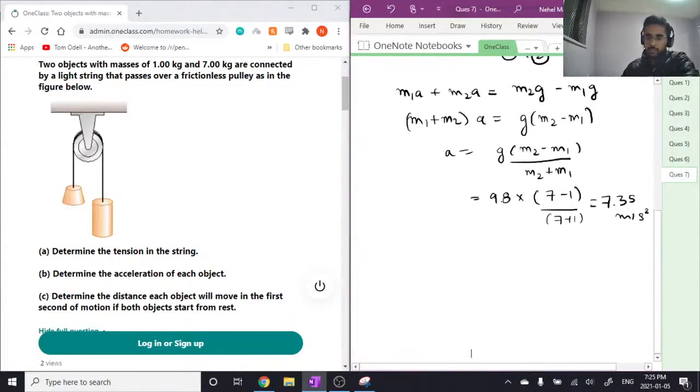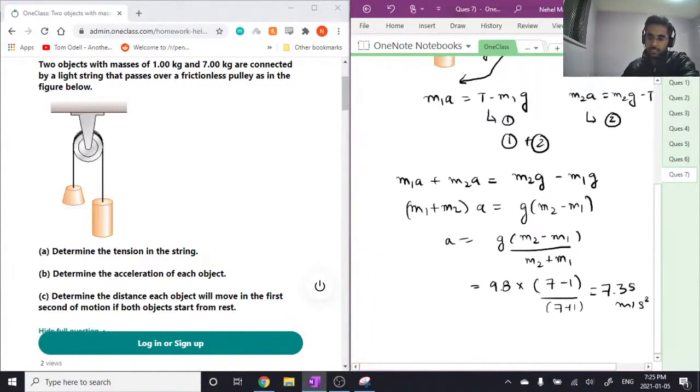Now that we have the acceleration, we can plug it back into either of these two equations and solve for T. So we plug in A equal to 7.35 meters per second squared into equation number 1.